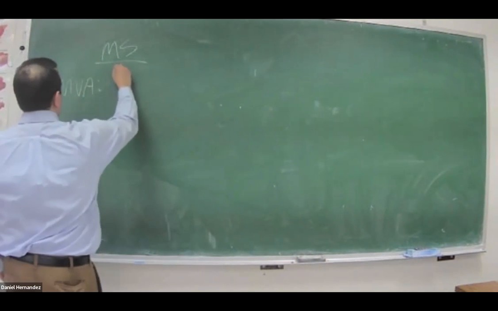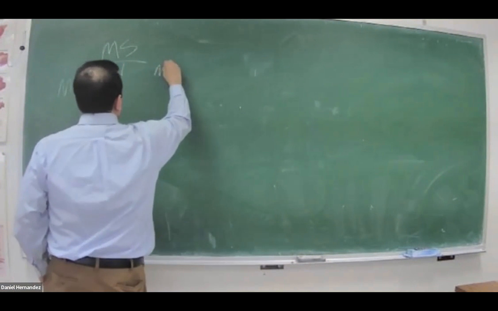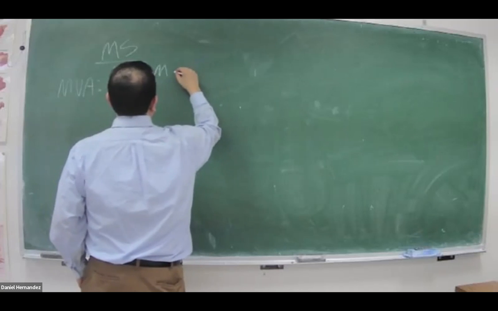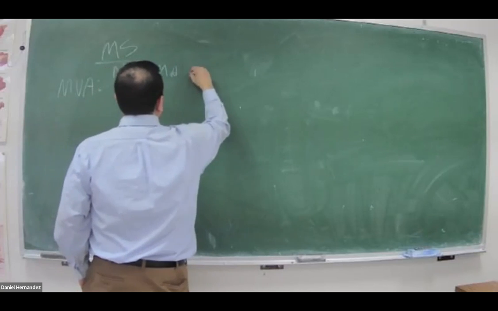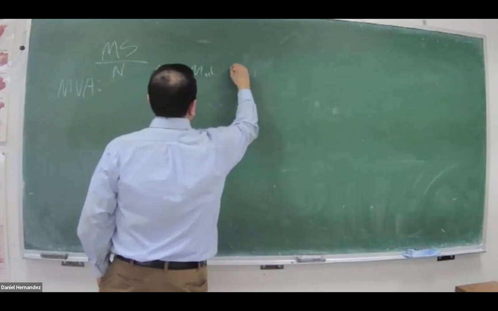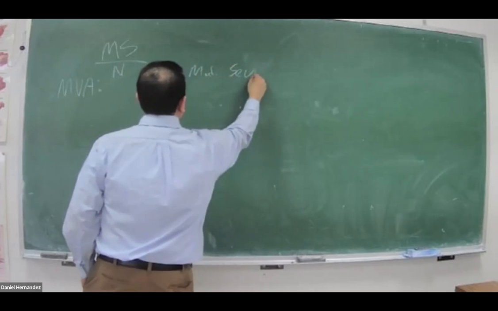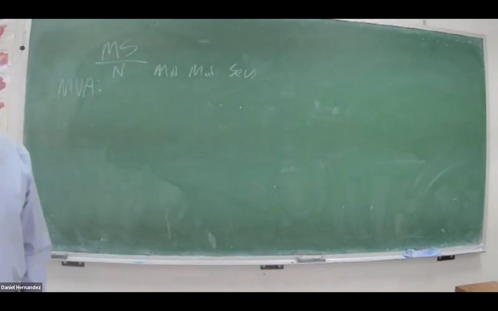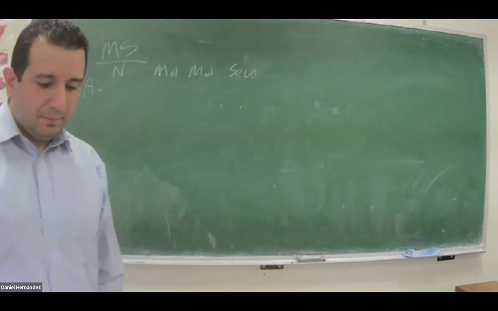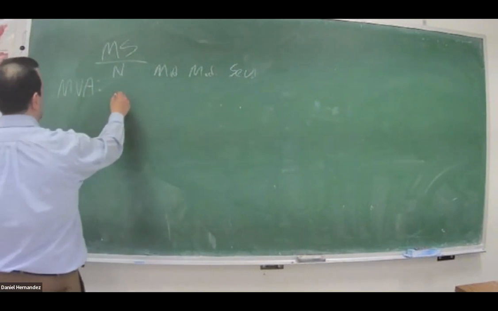So normal, I'm going to put an N, normal, mild, moderate, severe. The normal mitral valve area is going to be 4 to 6 centimeters squared.